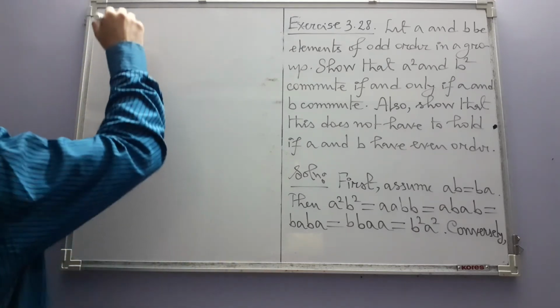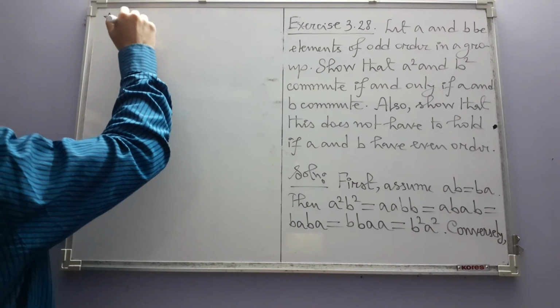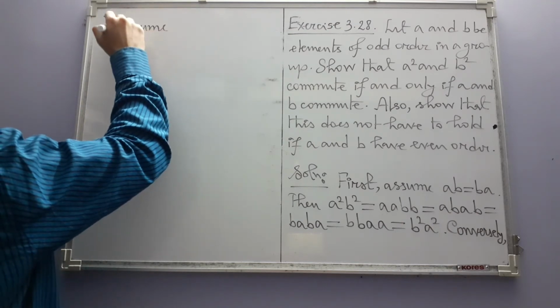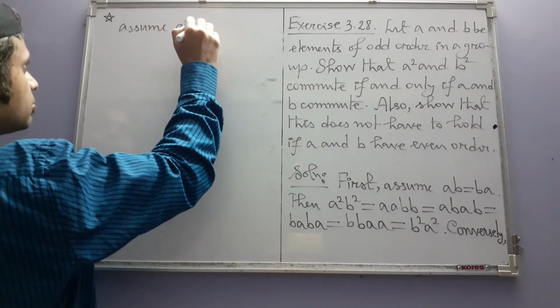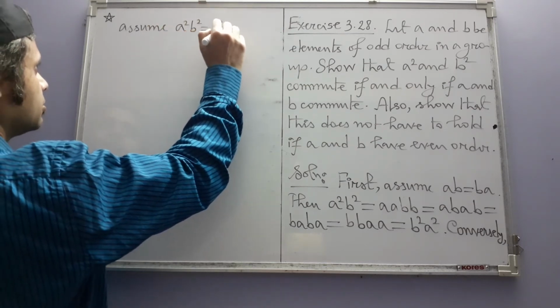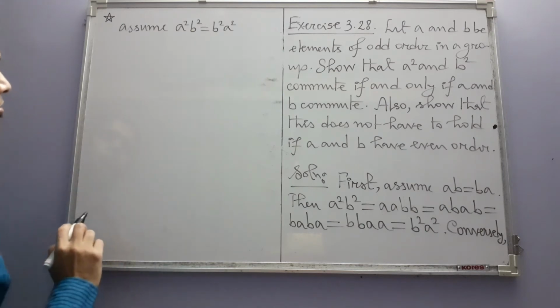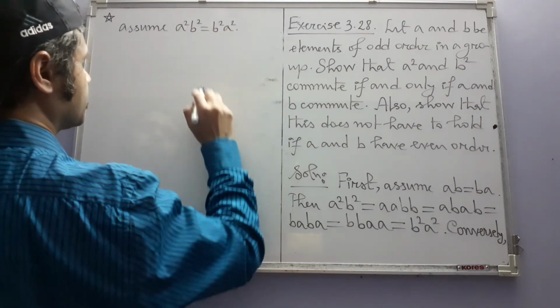Conversely, assume that A square and B square commute.